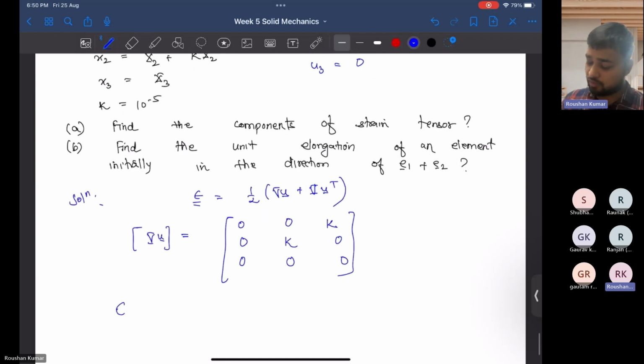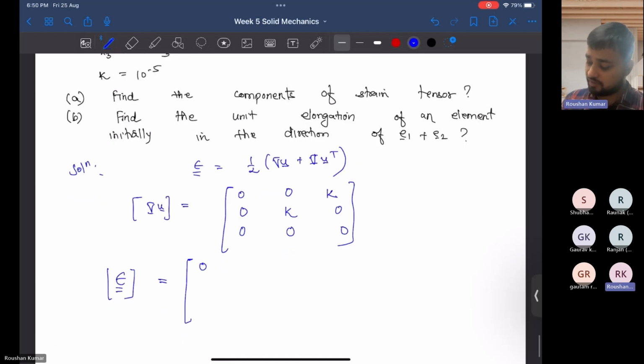So the component of the strain tensor is half of grad u plus grad u transpose, which gives the matrix with 0, 0, k by 2 in the first row, 0, k, 0 in the second, and k by 2, 0, 0 in the third. So this is the strain tensor.